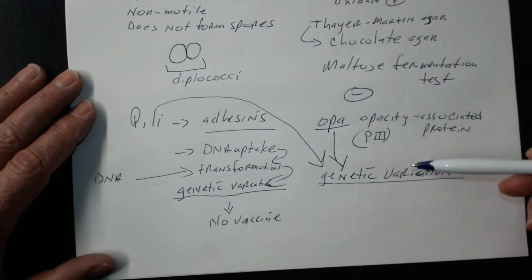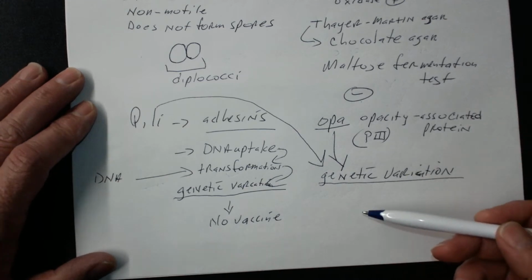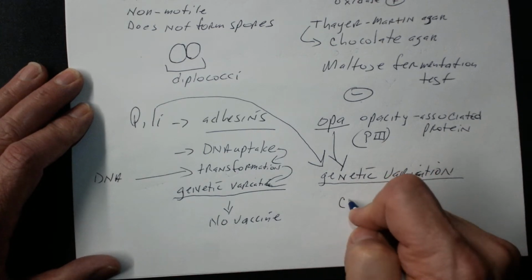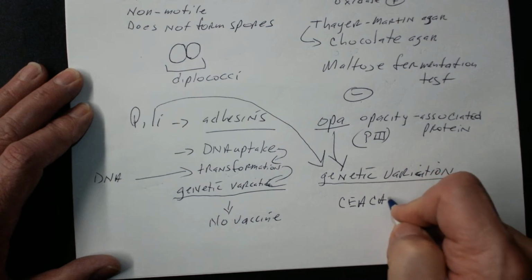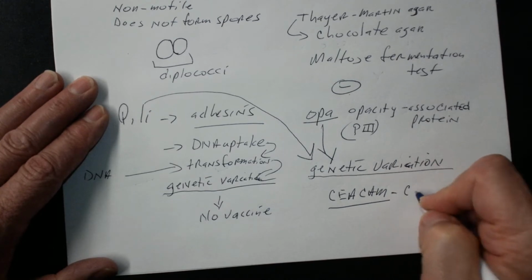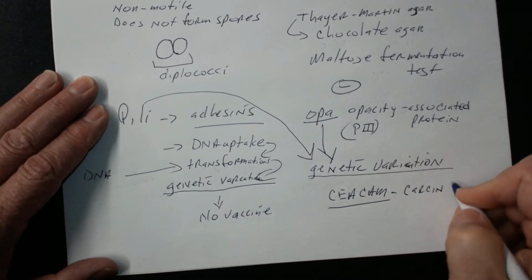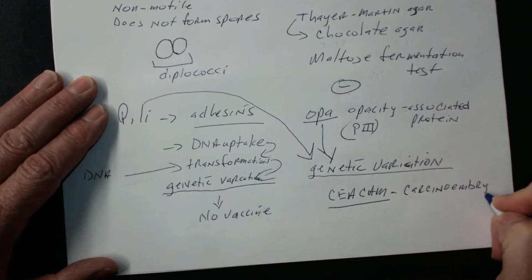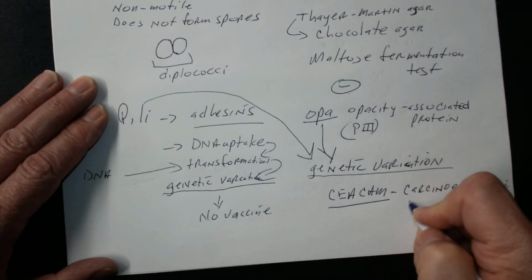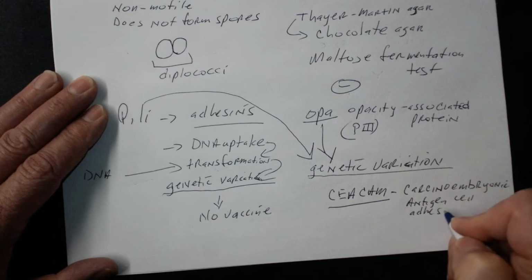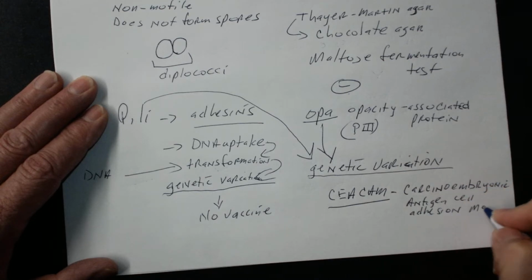So OPA can adhere to several different proteins. One of the big proteins it adheres to is something called the CEACAM. This is an abbreviation for carcinoembryonic antigen cell adhesion molecule.